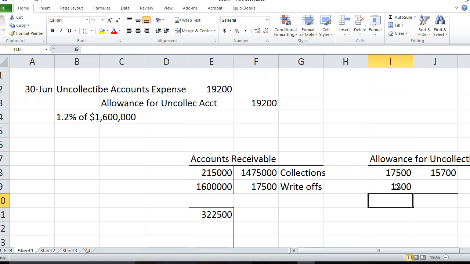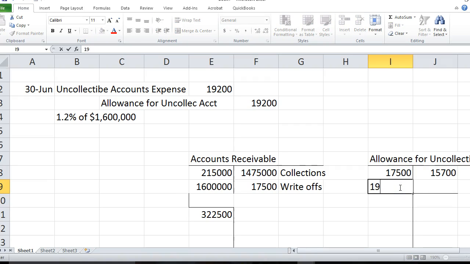So in doing this journal entry, in doing this 19,200, we are going to credit 19,200, okay, to this account.